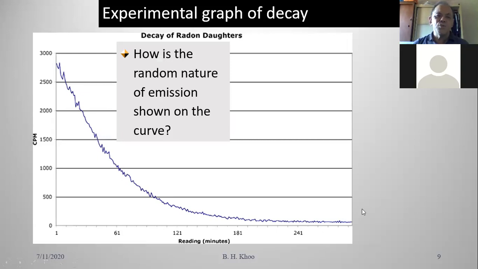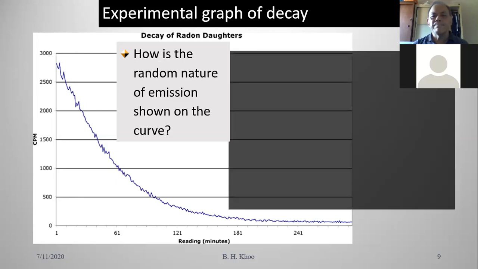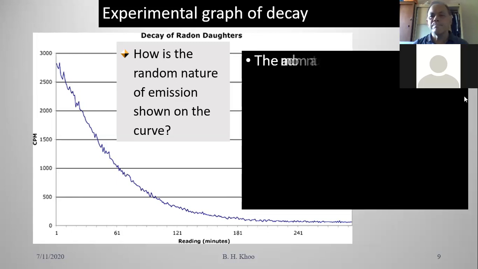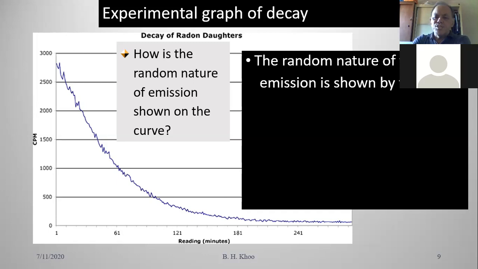So how is the random nature of the emission shown on the curve? It is shown by the curve not being smooth. Right? Not smooth.